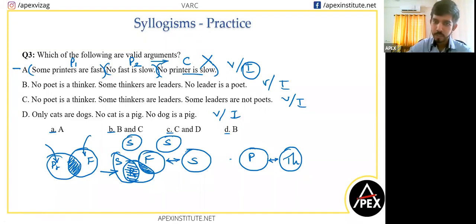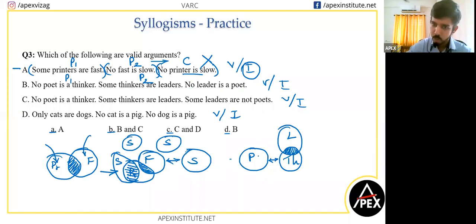So no poet is a thinker. Okay. Some thinkers are leaders. So can we use the same diagram now? Some thinkers are leaders. And those are the thinkers who are leaders. So no poet is a thinker, mutually exclusive. Some thinkers are leaders. This is premise one and premise two. Can we say no poet is a leader?